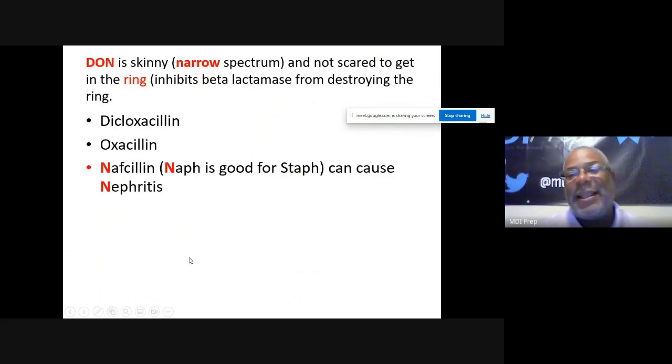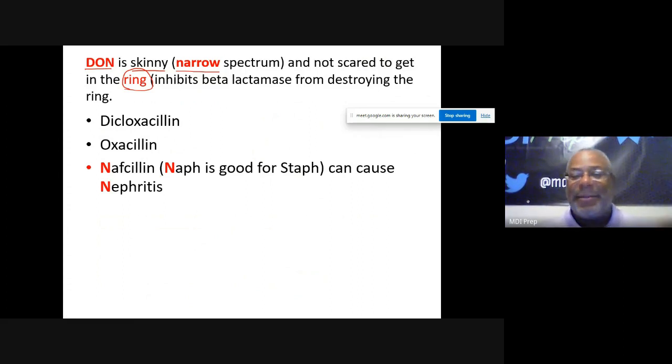All right. Now look at this mnemonic. Don is skinny. He's small. Skinny meaning narrow. And he's not scared or afraid to get in the ring. Okay. So basically these are penicillins that already have the beta-lactamase inhibition properties.